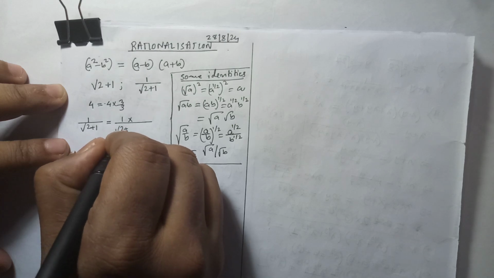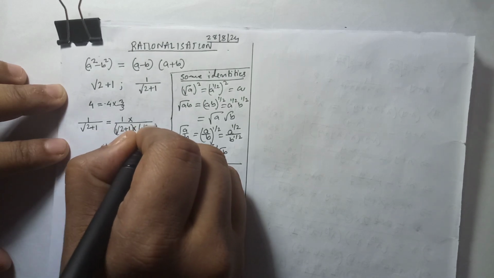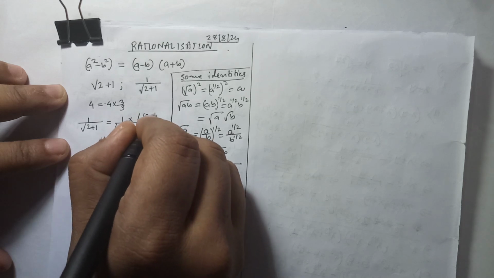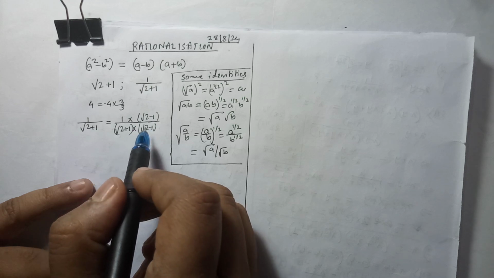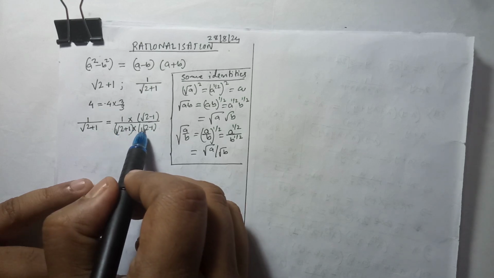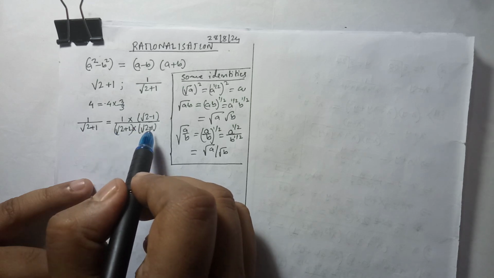So root 2 plus 1 into, with bracket, root 2 minus 1 by root 2 minus 1. Sometimes students do not give the bracket. That is wrong. It means that 1 is only multiplied by root 2, but that's not the case. The entire expression is multiplied here.